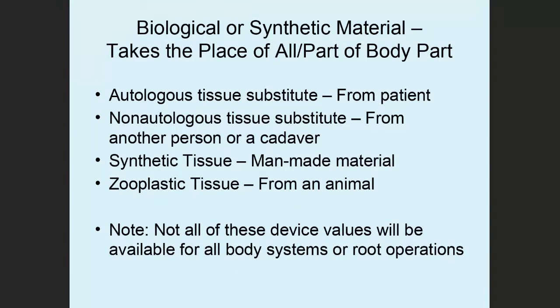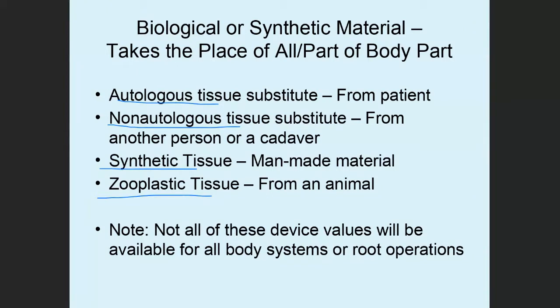So let's start with the biological or synthetic devices that take the place of all or part of a body part. These are described as autologous tissue substitutes, non-autologous tissue substitutes, synthetic, or zooplastic. Now, you think of a device as like a pacemaker or something, not as tissue. But in PCS, tissue is considered a device.